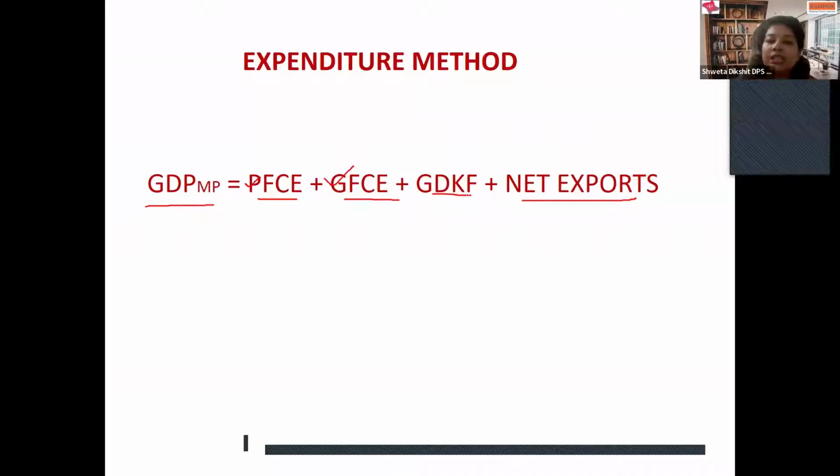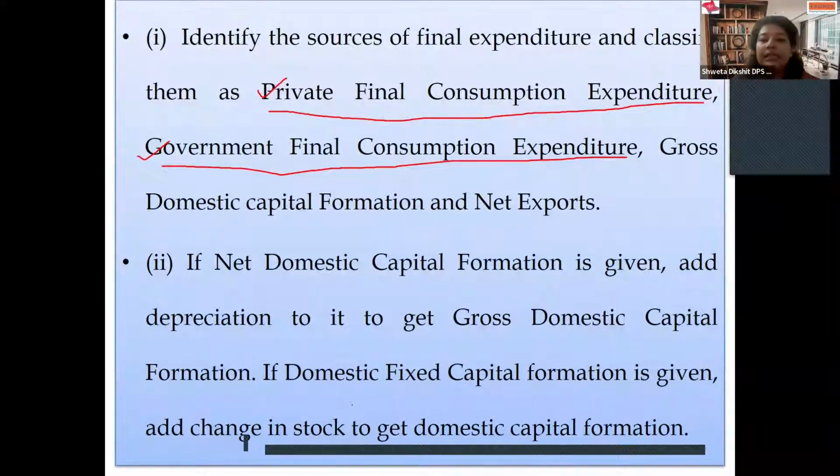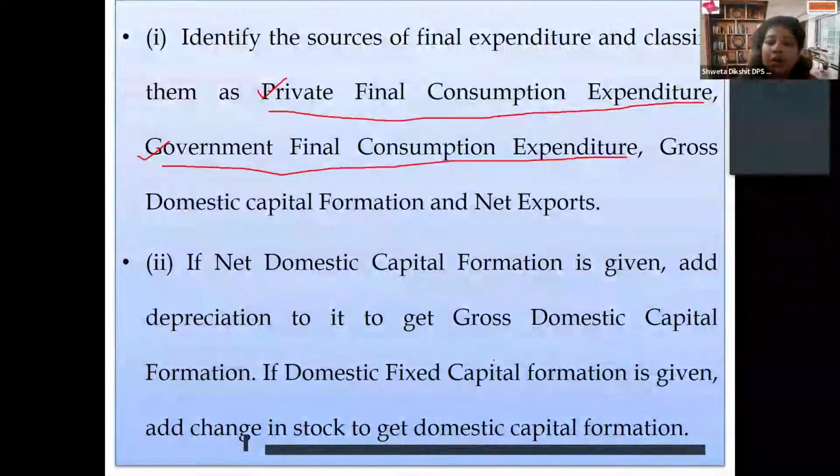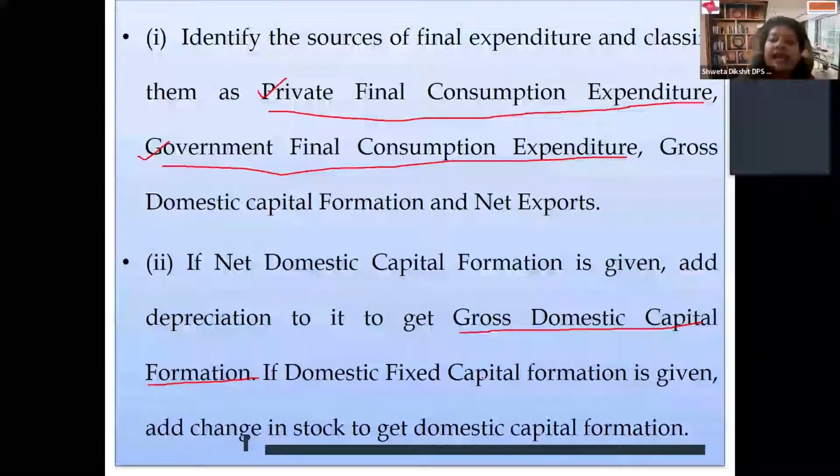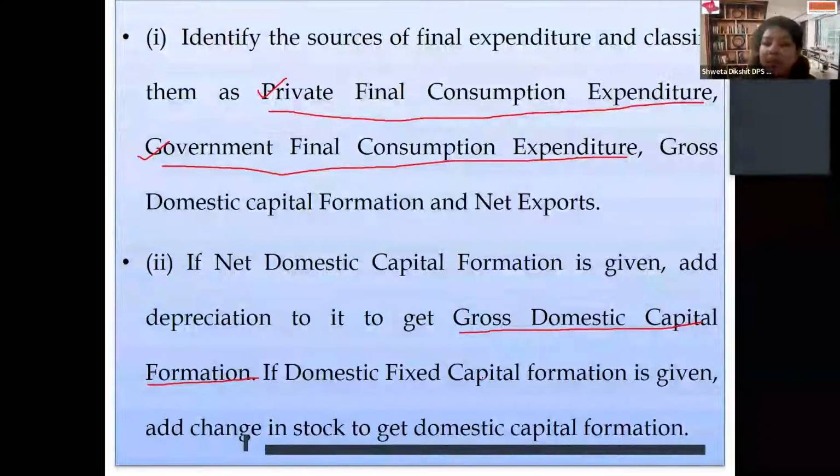Now coming to GDCF or GDKF. GDCF or GDKF stands for Gross Domestic Capital Formation. Here C has been replaced with K because in economics capital is denoted with K. Therefore, GDCF is actually written as GDKF in the formula.